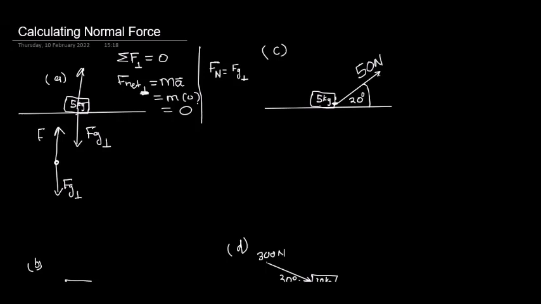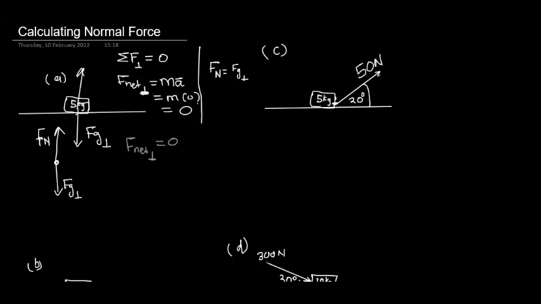And I need to keep in mind that F net perpendicular, when an object is sitting on a stable surface, is equal to 0.